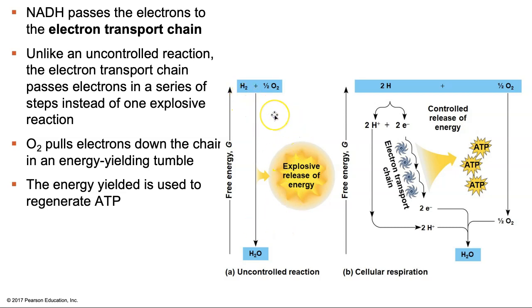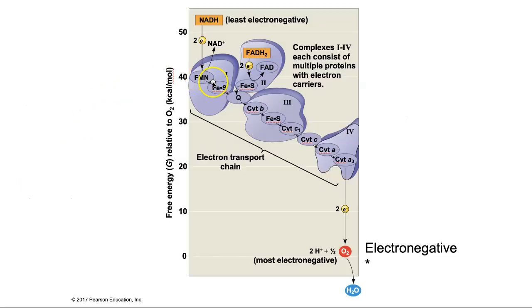I haven't even brought up how ATP is made. Of course, we need to harness energy, so this is an energy flow here. It would be too intense if it just happened in one step. So our cell has these incremental steps of the electron transport chain here in order to not have an explosive release of energy like that.